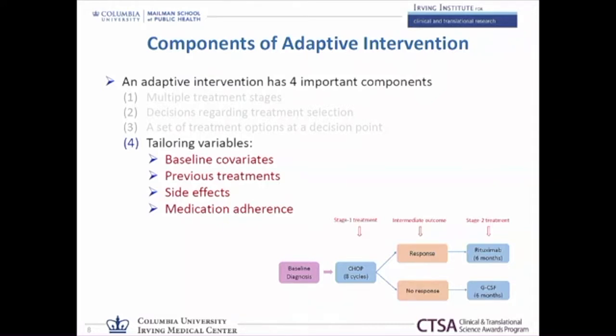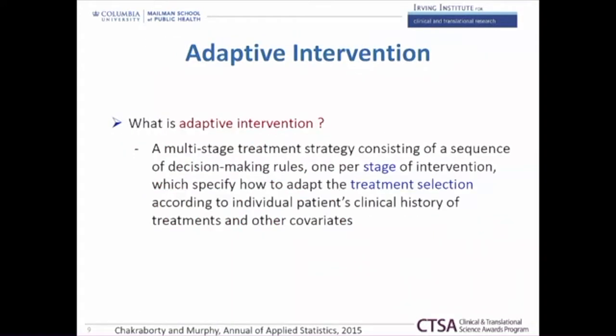Commonly seen tailoring variables in adaptive intervention include baseline covariates, previous treatments, side effects, and medication adherence. So with the example I gave in previous slides and the 4 important components, it's easy to understand the official concept of adaptive intervention here.